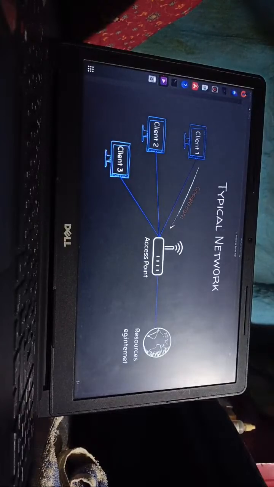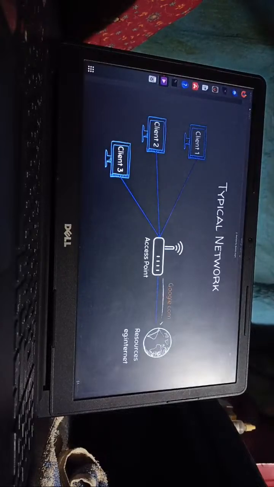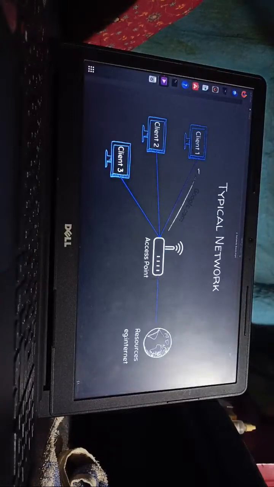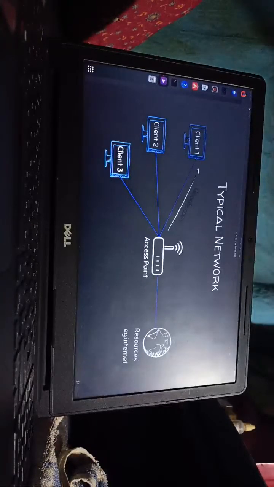The access point has access to the resource, which is the internet in this example, so it's going to go and look for google.com. It will receive google.com and forward that response to your computer, and as a result, you will see the website loading on your browser.